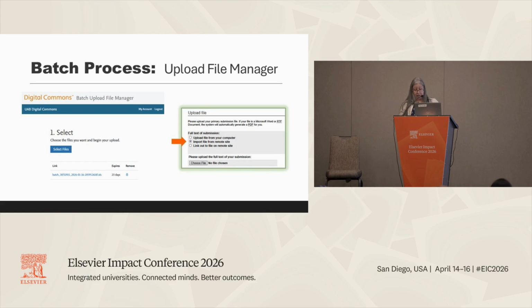The URLs can be used with any Digital Commons ingestion process, so it works with the manual form as well. But be aware that the URLs expire after 30 days when the Amazon web space gets purged.